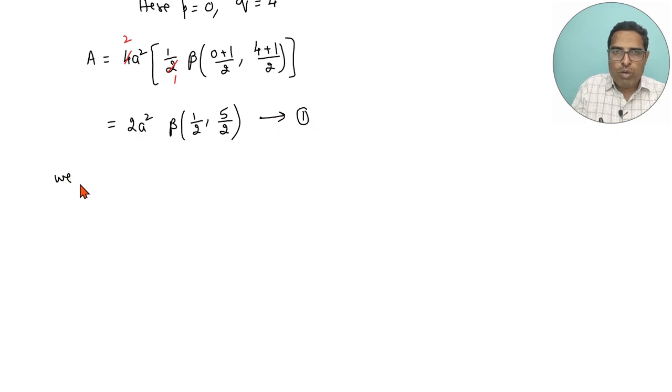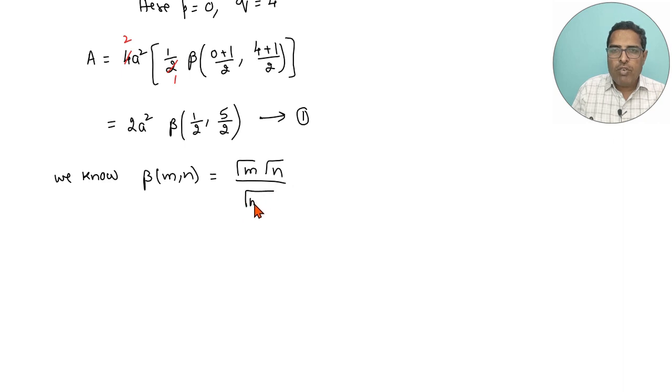So we know this formula, beta of m comma n is equal to, in terms of the gamma function, gamma of m into gamma of n divided by gamma of m plus n. So if I plug in the values of m and n, m value is 1 by 2, n value is 5 by 2.